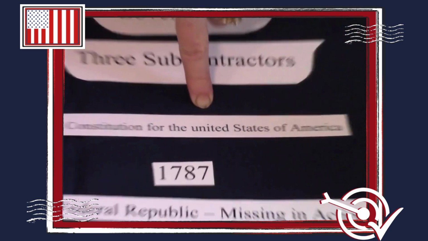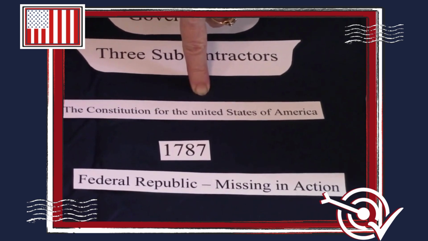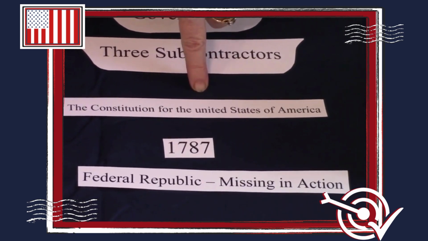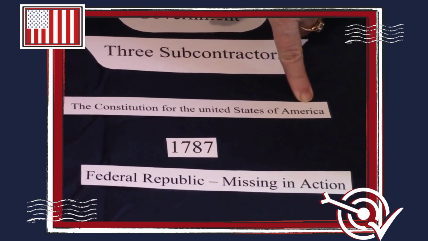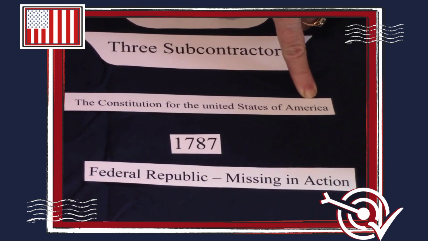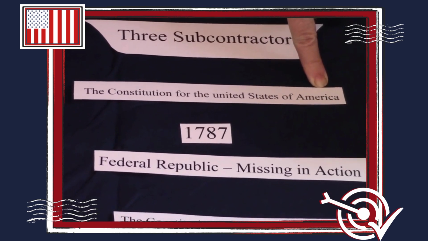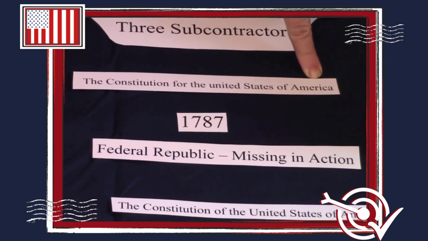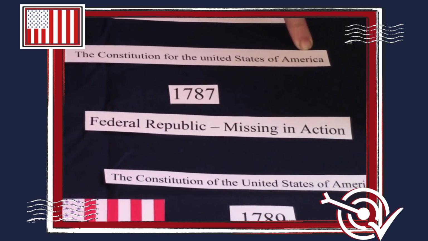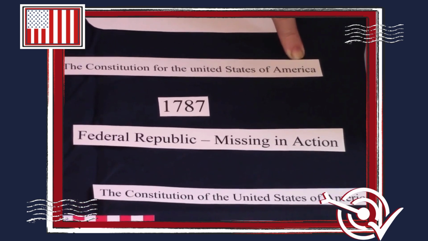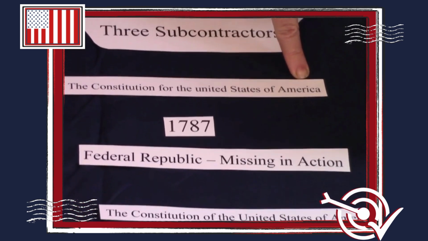It was operated under the Constitution for the United States of America. Notice that United is not part of the name of the organization that received the contract. The actual name of the American organization receiving the contract, our Confederation, was States of America.